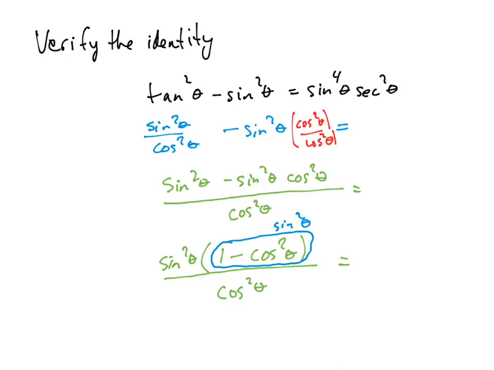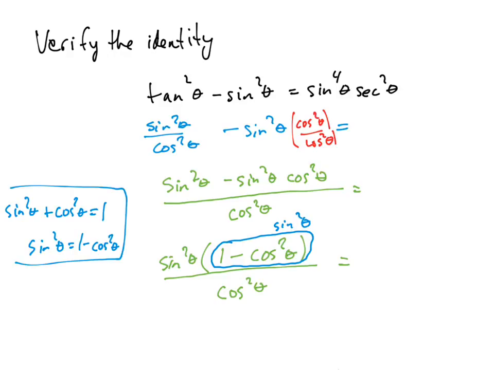And the reason is this comes from one of the Pythagorean identities. Right? If we subtract cosine squared from both sides, we get sine squared.